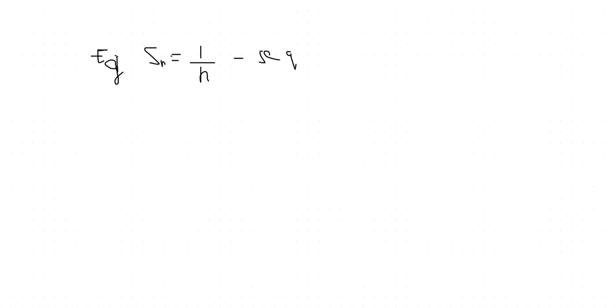In order to prove that, we would have to take an arbitrary epsilon. So Sn tends to S, which means that the modulus of Sn minus S is less than epsilon.